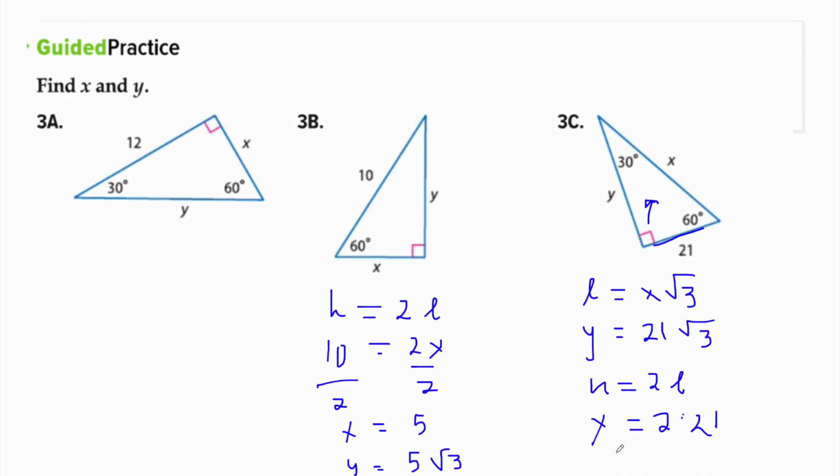So x will be equal to 2 times 21, which is 42. So we have our y value over here, and we have our x value over here.